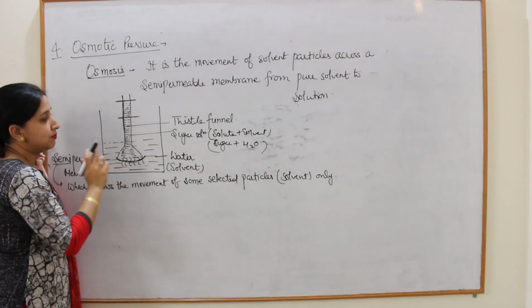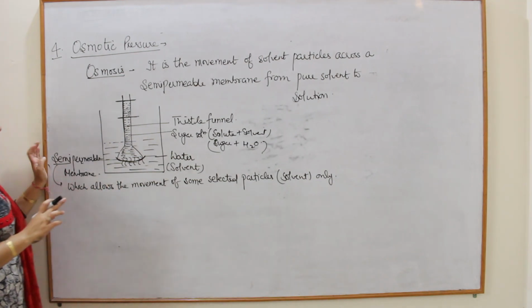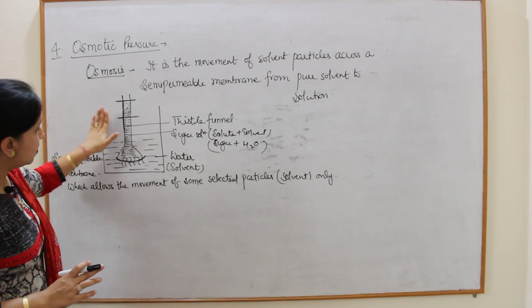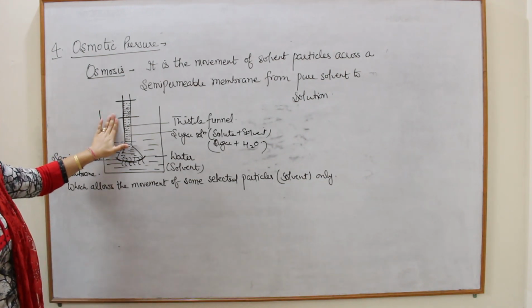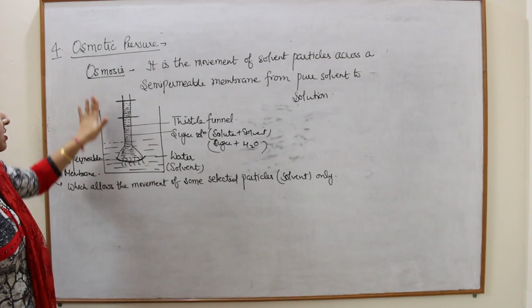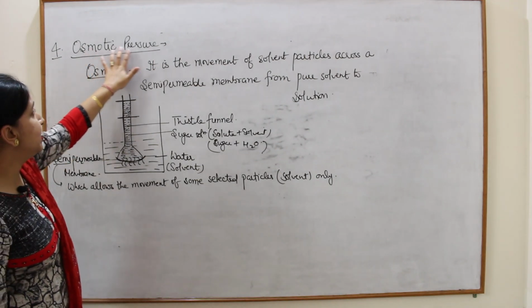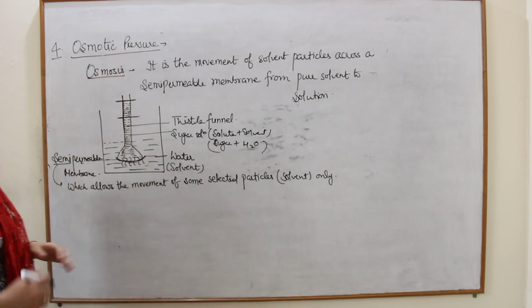So this pressure is known as hydrostatic pressure. So this hydrostatic pressure is a measure of the osmotic pressure. So how can we define the osmotic pressure?